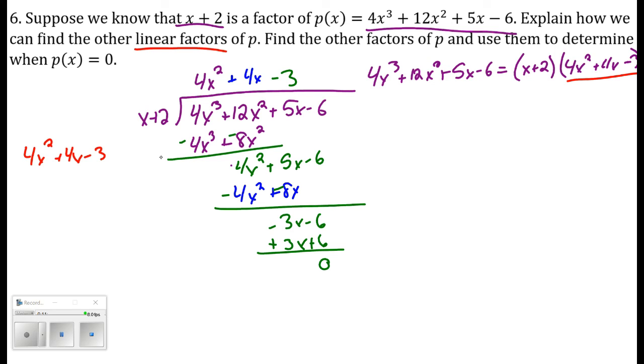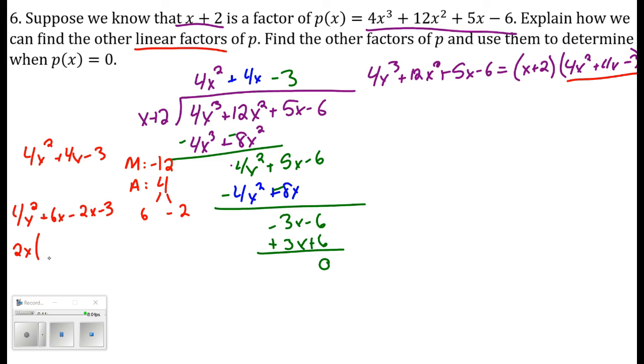My leading coefficient's not 1, so we need to do the AC method. What multiplies to negative 12 that adds to 4? What are the factors of negative 12 that add to 4? That's going to be 6 and negative 2. So we split that middle term as plus 6x minus 2x minus 3.